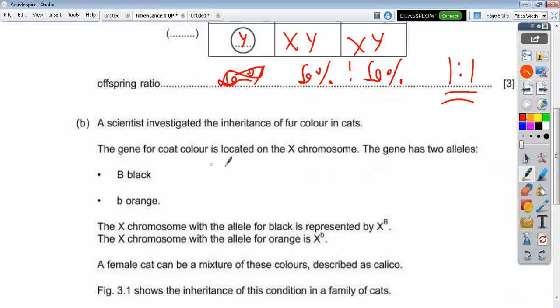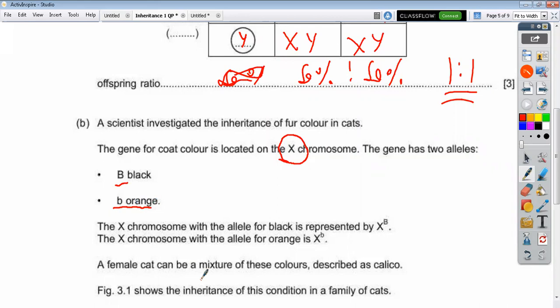Like the coat color in the case that we are investigating. The gene for the coat color is located on the X, not on the Y, but on the X. Capital letter B is for black, small letter b is for orange.